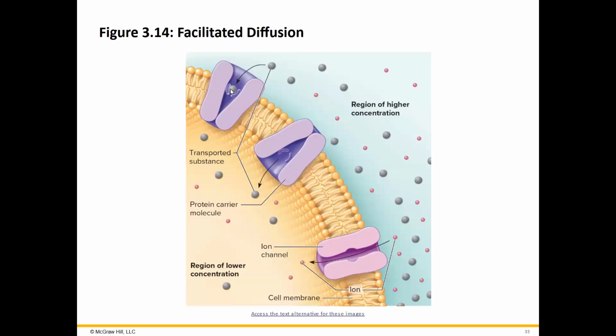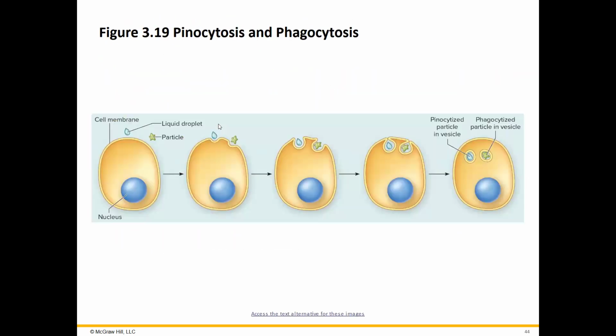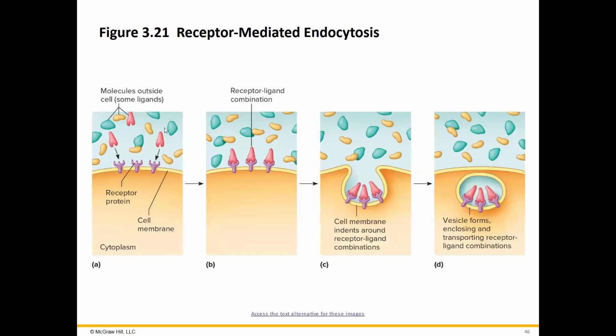It's the exact same thing, but instead of a transmembranal protein, it's going to be this little thing called a receptor protein that binds to a ligand. A ligand is just any substance specifically designed to match the receptor protein.